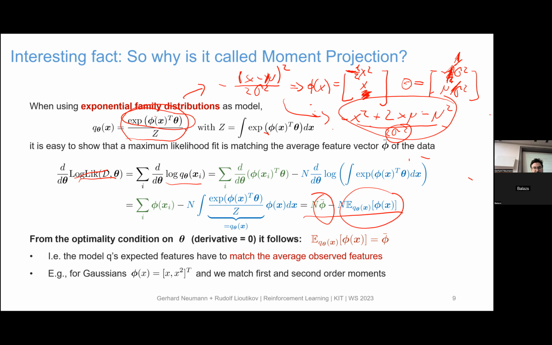Minus n times the log normalizer, because the normalizer is there every time, and the log is causing this minus. And the normalizer here is just this integral again, otherwise it wouldn't be normalizing the distribution.